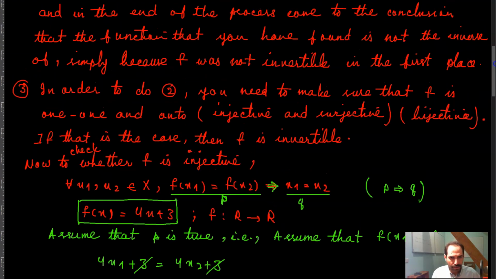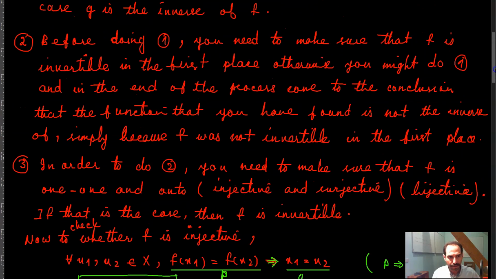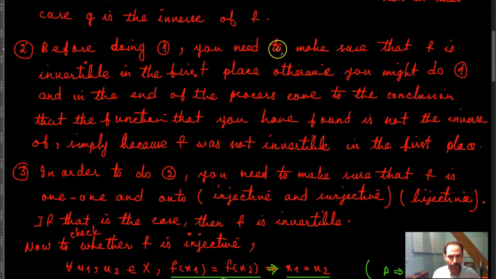So let's go up here. So basically, 2, we said that before doing 1, you need to make sure that f is invertible in the first place. Otherwise, you might do 1 and in the end of the process come to the conclusion that the function that you have found is not the inverse of f, simply because f was not invertible in the first place.